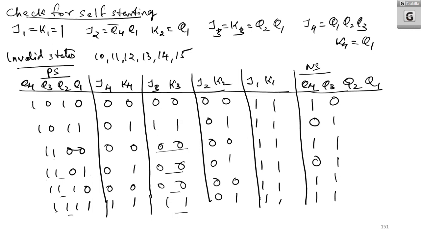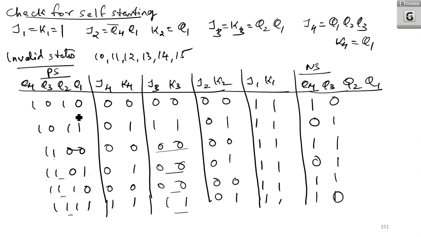Q3. Sorry. Okay, there is a mistake over here. If J is equal to K is equal to 1, it is acting in toggle mode, right? So you can have Q3, that is 1 is here. J3 and K3 is equal to 1, so 1 will be toggled to 0.